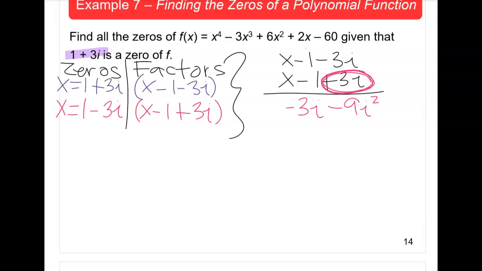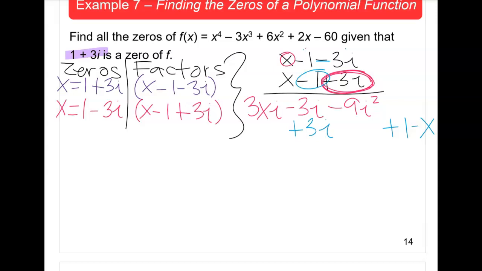Then positive 3i times x, and we will get positive 3xi. Now I'm going to take the negative 1 and multiply times 3i. Negative times negative is positive 3i. And then negative 1 times negative 1 here, so I'm going to get a plus 1. And then finally negative 1 times x, I'm going to get a negative x.